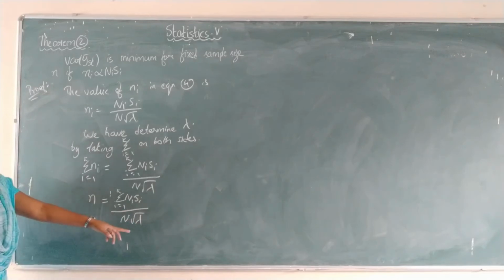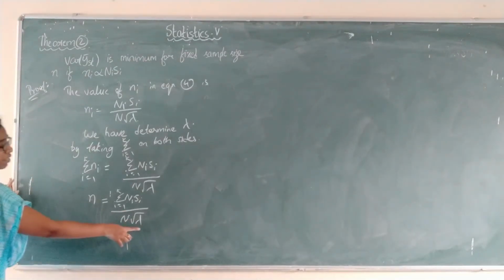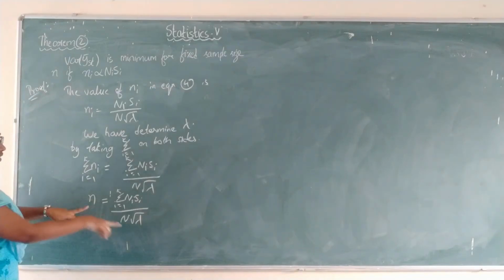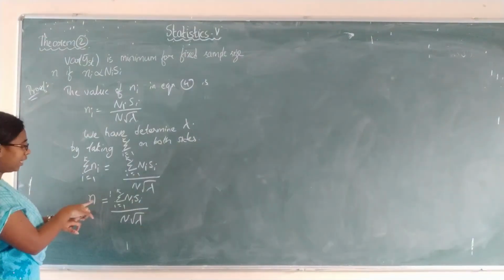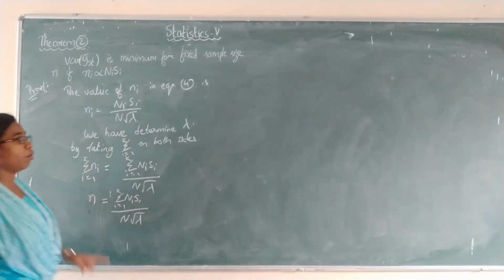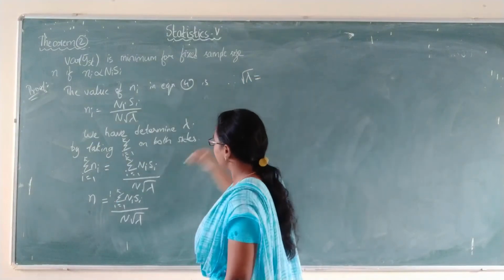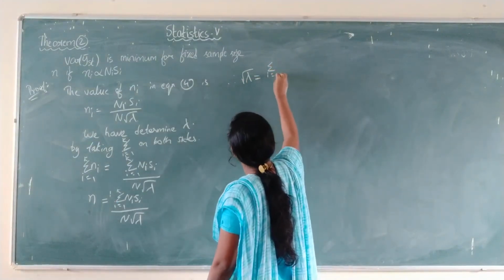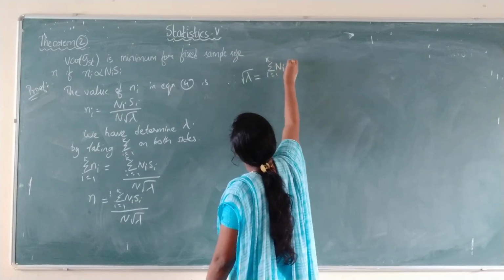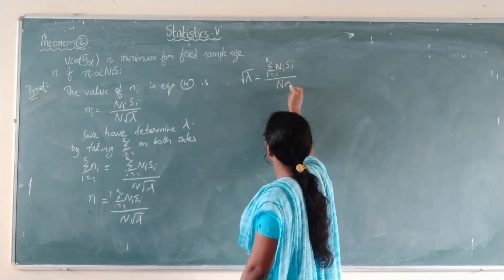Now I want the value of only root lambda. So send this root lambda to this side; since it is in the denominator, it will become numerator. And send n to the other side; since it is numerator, it will become denominator. Therefore, root lambda equals summation i equals 1 to k of Ni Si, as it is, divided by capital N into small n.